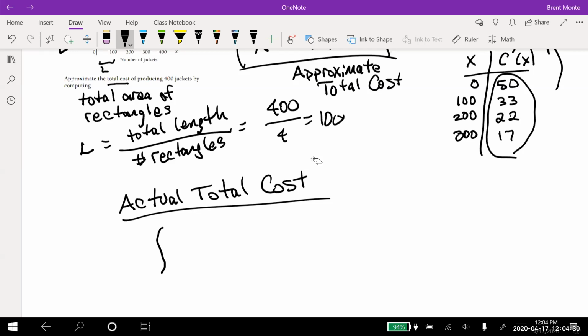So I take the antiderivative of C prime of x dx, and I evaluate it starting at 0 and ending at 400. And that's going to give me the actual total cost. I have the formula for C prime of x, but it doesn't matter at this point because we're not finding that. But we will see next section how to find that to get the actual total cost. It's doing what we did last section, where we anti-differentiate or take the integral.